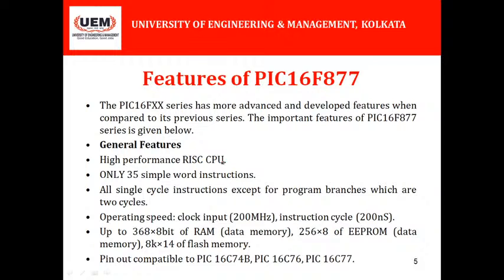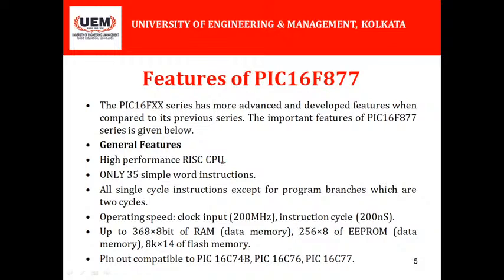So it is a RISC CPU. CPU stands for Central Processing Unit. We know that a microprocessor contains an MPU, and that MPU contains a Central Processing Unit, which is a combination of the arithmetic logical unit, control unit, and register array.